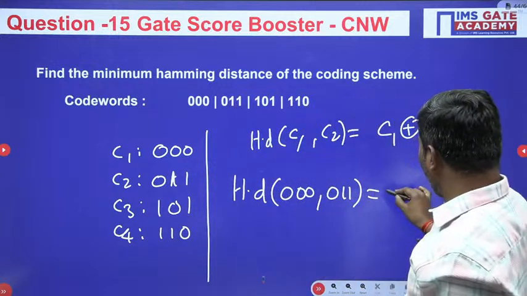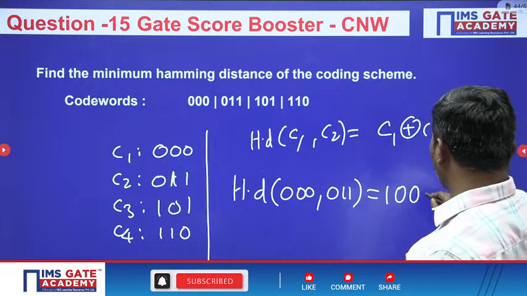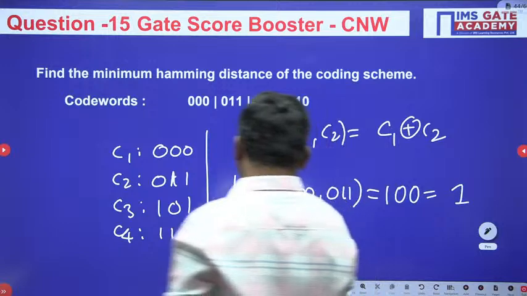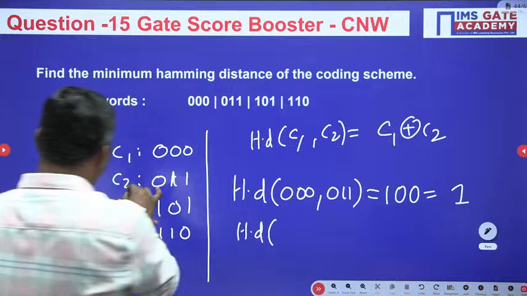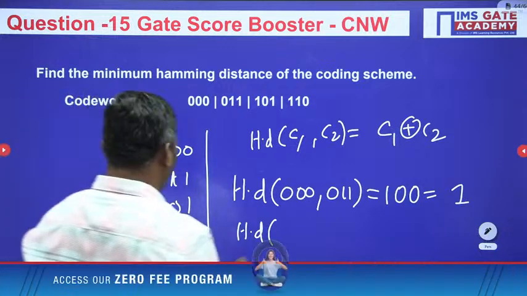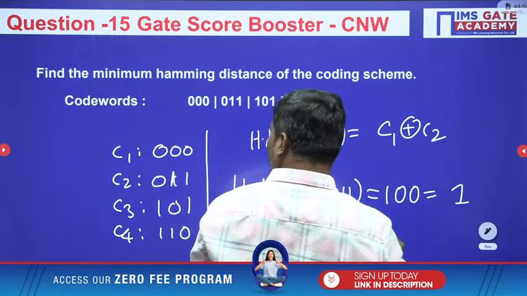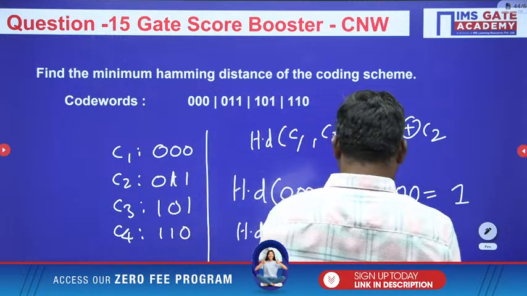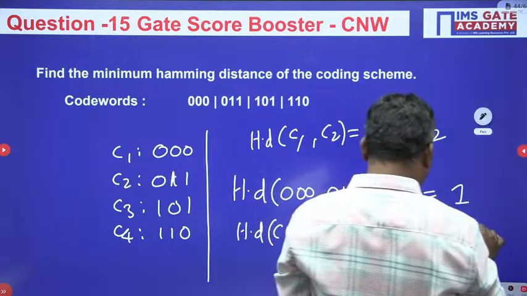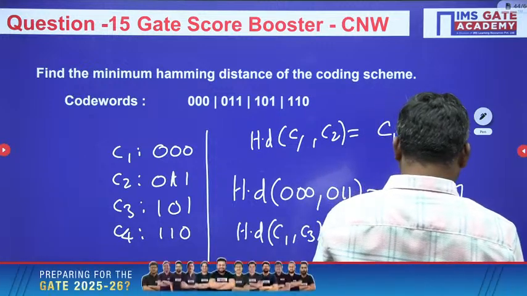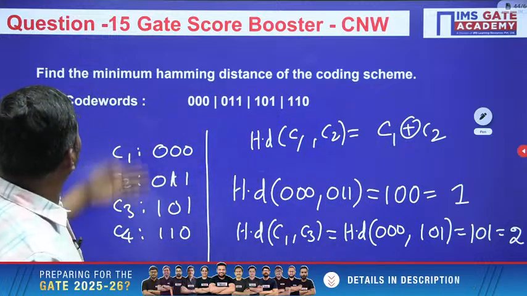The first bit is 0, the second bit is 1, the third bit is 1, therefore the distance is 2. Now take C1 and C3, 0, 0, 0 and 1, 0, 1. The first bit is changed, the second bit is the same, the third bit is changed. Therefore the distance is 2. So find the minimum Hamming distance.